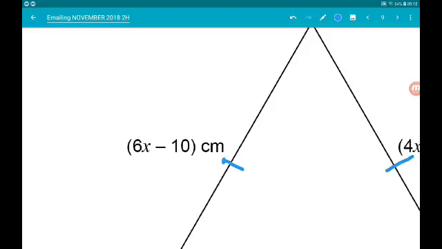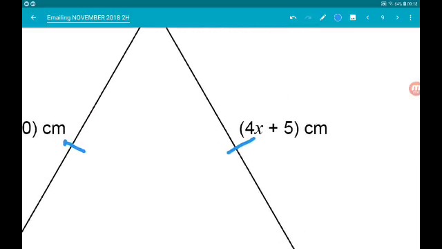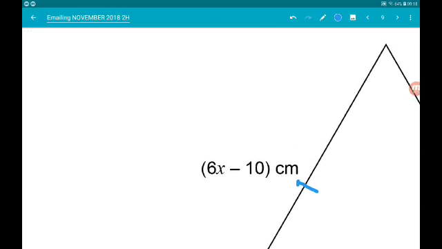So we can say that 6x minus 10 is equal to 4x add 5. Again, because the sides are the same length.